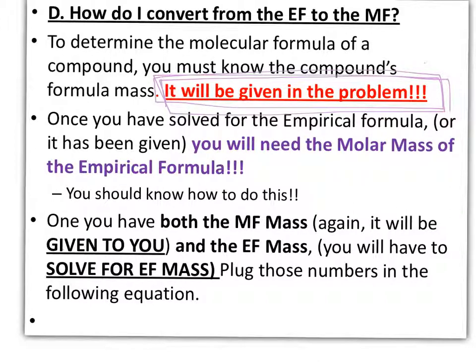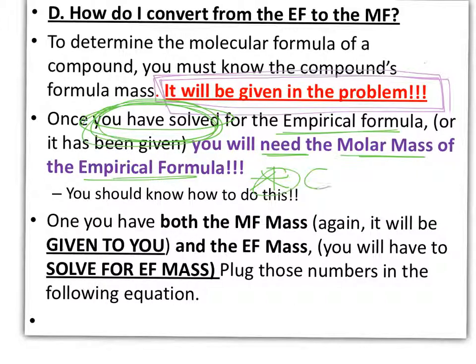Number two, once you have solved, now keyword there, notice what it says, you have solved. You're going to have to put forth a little bit of effort to solve for the empirical formula. Okay, then you're going to need the molar mass of the empirical formula. You have to calculate this. If you don't calculate it, you're not going to be able to do the problem.